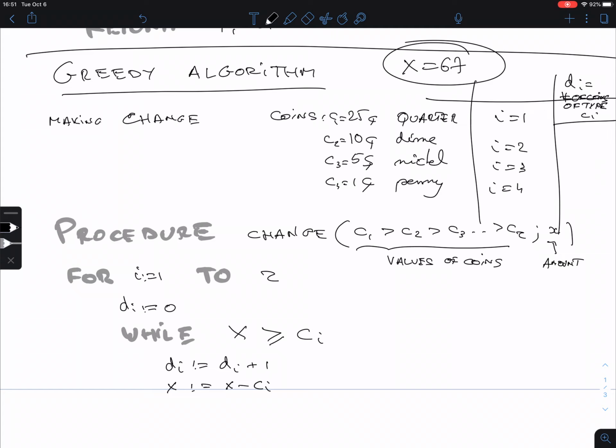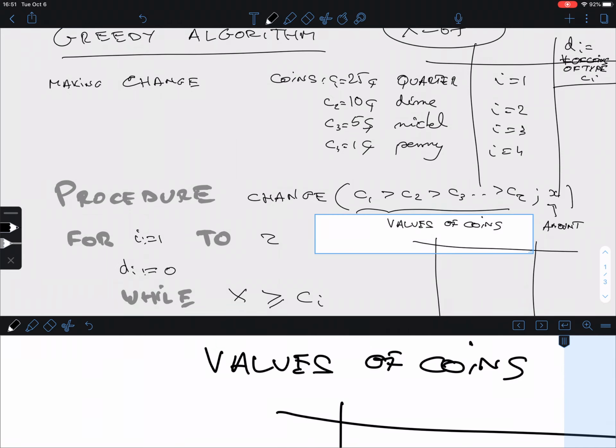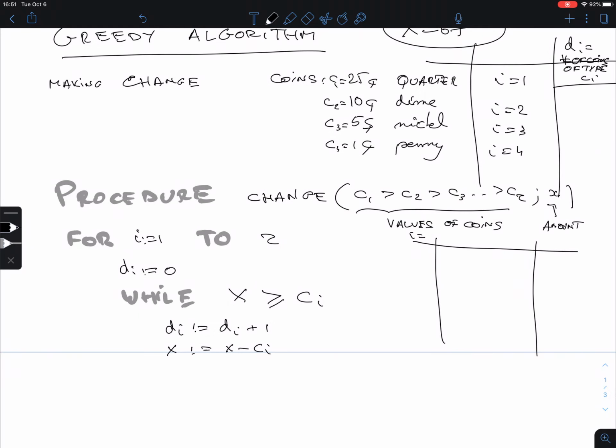So let's do this for 67. Okay, so we start with i is 1 and d1 is 0. As long as x is bigger than c1, which is 25, I will do this. So the first time, I'm going to see what are the various steps that will happen. Here I'm going to write i, here I'm going to write di, and here I'm going to write x.